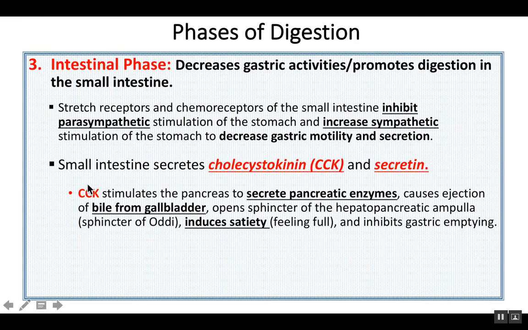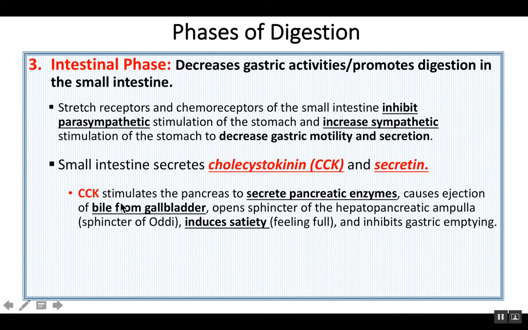Cholecystokinin, or CCK, is going to be produced by the small intestine. It's going to stimulate the pancreas to produce pancreatic enzymes. It's also going to stimulate the gallbladder, specifically the smooth muscle of the gallbladder, to eject bile.